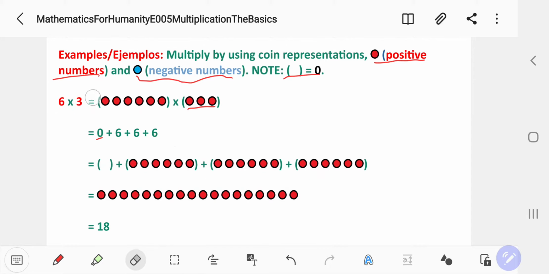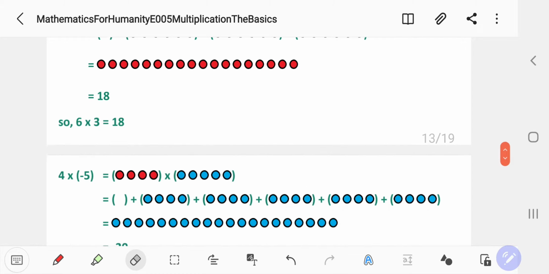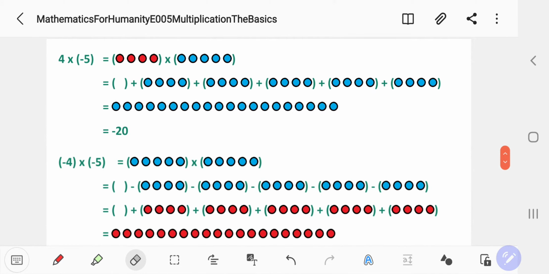So let's clean up before we proceed to the next slide. Okay, how about 4 times negative 5? Here you have a positive number represented by the 4 red circles, and then you have a negative number, negative 5, which is represented by the blue circle. So you have here 0, and then the red ones turn into blue because you are multiplying by a negative number.